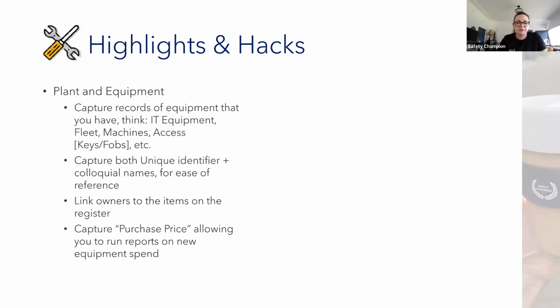So those types of equipment can be registered on here and have review dates set, so that we can really keep at front of mind where we're at with our equipment and assets, and work out what it's going to be costing us going forward and what type of maintenance is being required. So we can always review those things ongoing from this register.